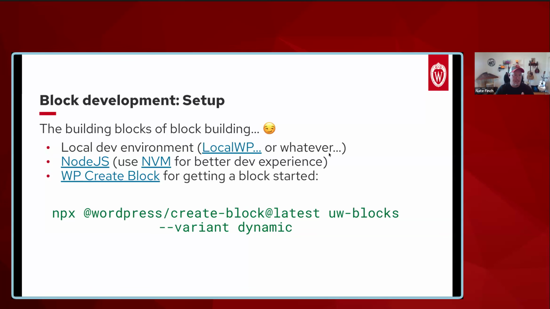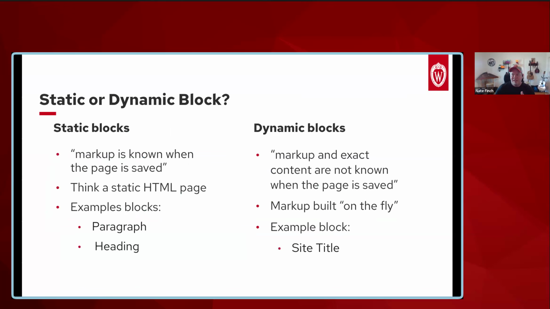But the way that you would use that is to run, because you have Node installed, npx @wordpress/create-block@latest, and then you would name whatever block you're trying to create. So in this case, like UW blocks, for example. And if you are using a dynamic block, you would put in this variant dynamic, most likely. So when we were creating new blocks, this is basically what we did.